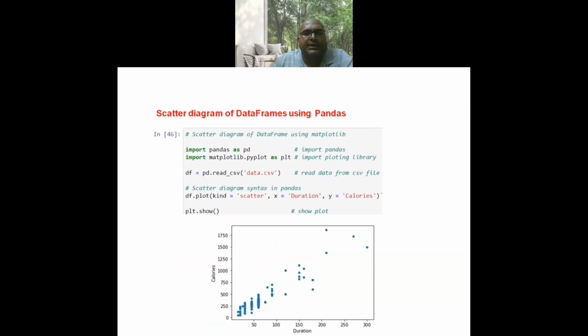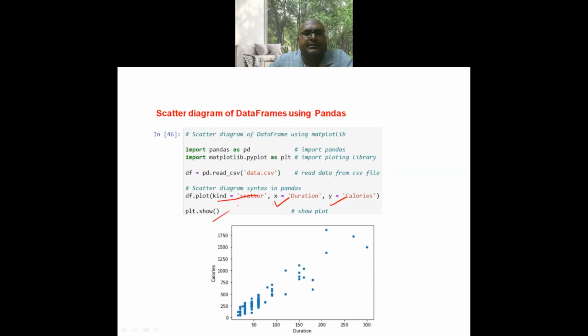You can plot the scatter diagram by specifying what kind of plot it is, and you can specify the x variable and the y variable which are already available in the CSV file.